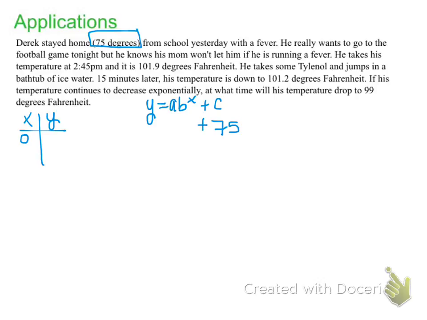We're going to take that 101.9 and subtract 75 from it to get 26.9. And then 15 minutes later, his temperature is down to 101.2 after taking some Tylenol. So we're going to take that subtraction again, 101.2 minus the 75, and that's going to give us 26.2.